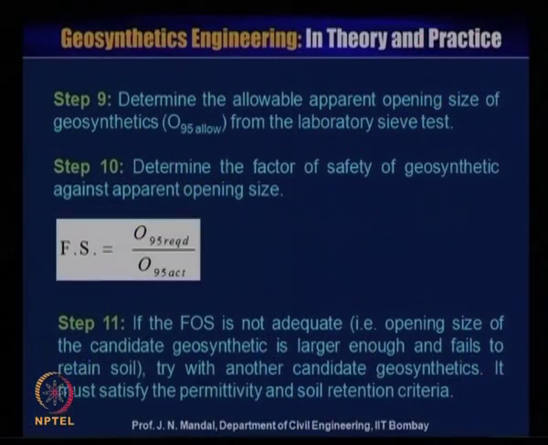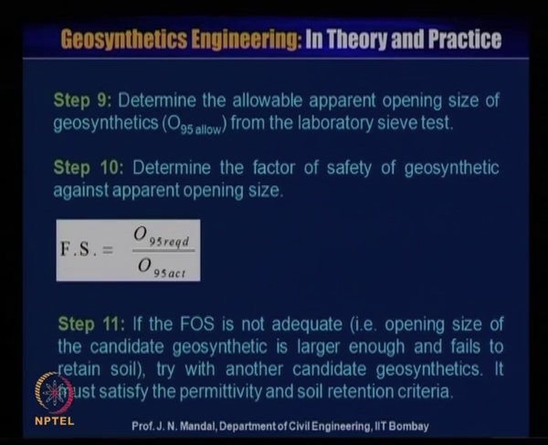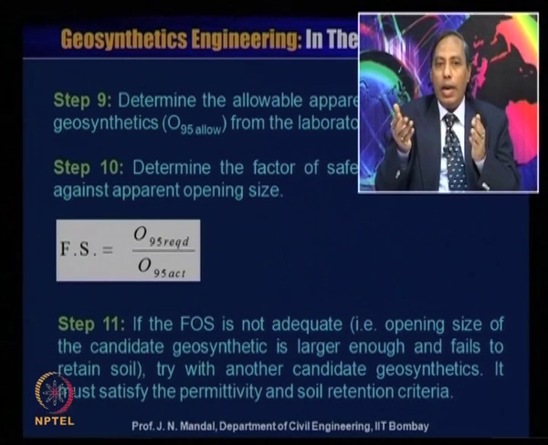Now, step 9, determine the allowable apparent opening size of the geotextile from the laboratory AOS test. From the laboratory test you can determine what is O95. Then step 10, determine the factor of safety of the geosynthetics against apparent opening size. That means factor of safety is equal to O95 required by O95 actual.